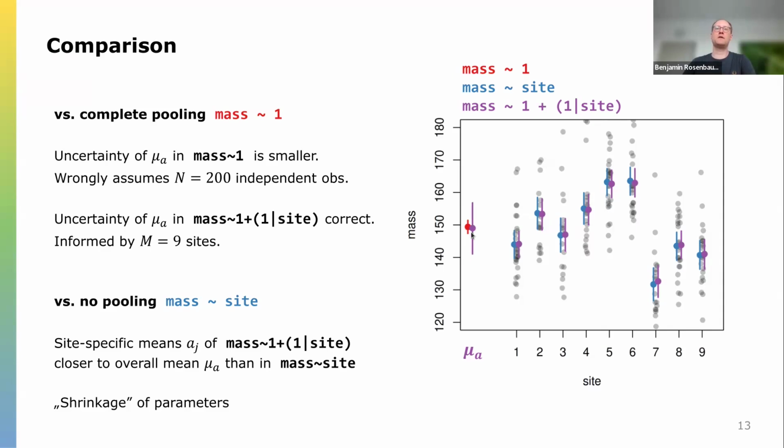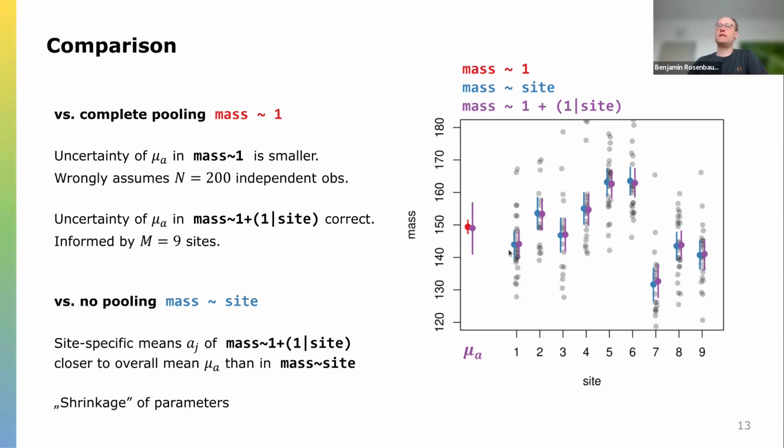So here the uncertainty is much higher. And actually, this is the mathematically correct uncertainty. So the red one is overly confident, but the purple one here, the random effects model, describes the actual correct uncertainty of this overall intercept.